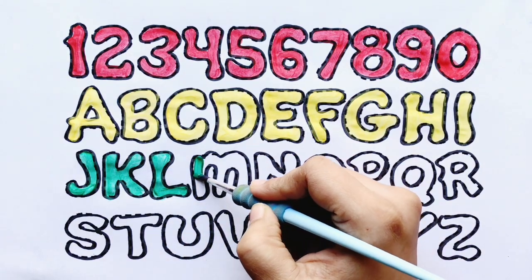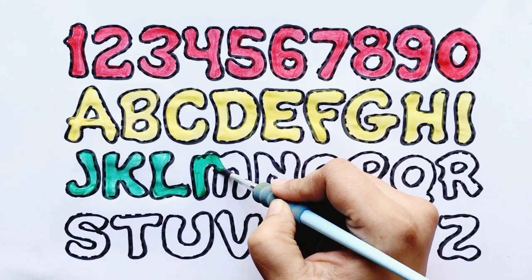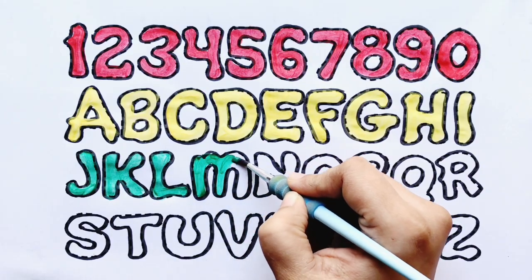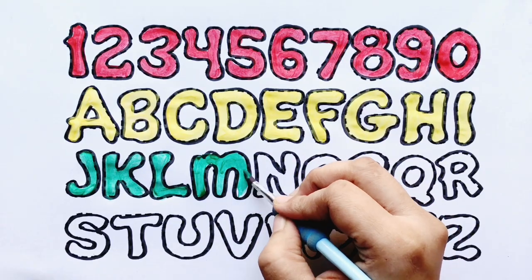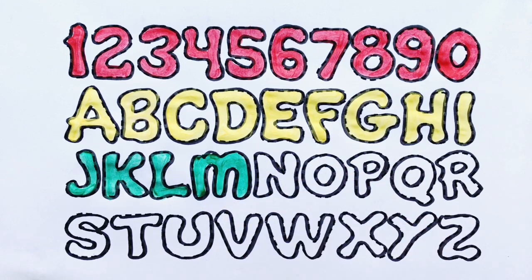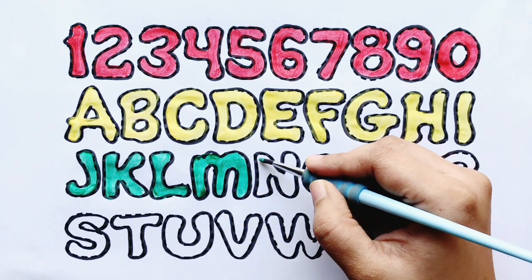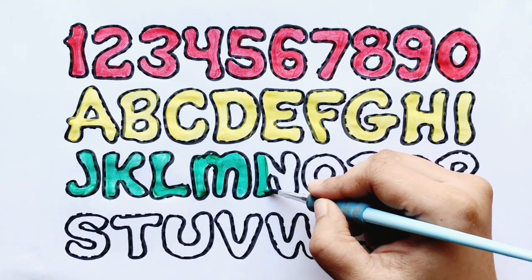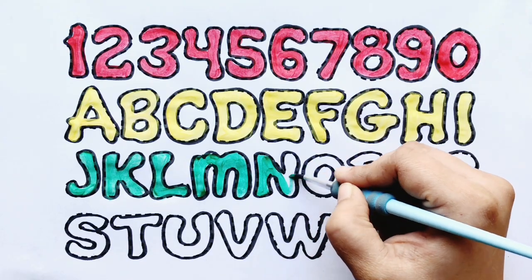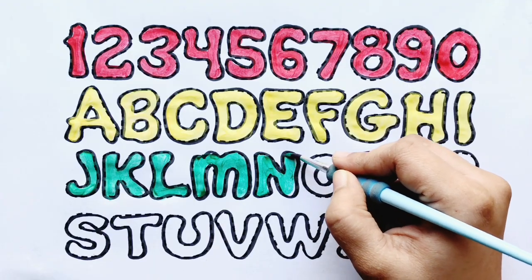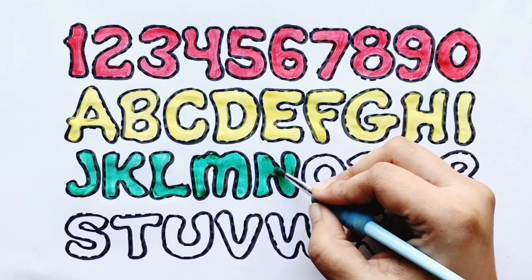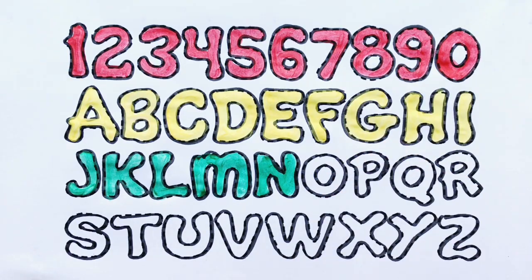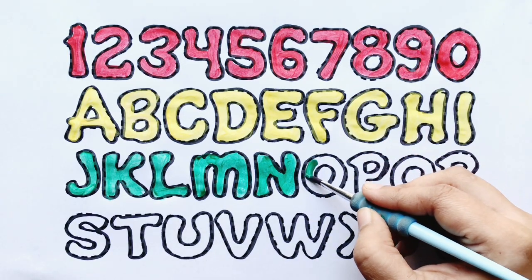M for moon. N for nest. Now I know my ABCs.